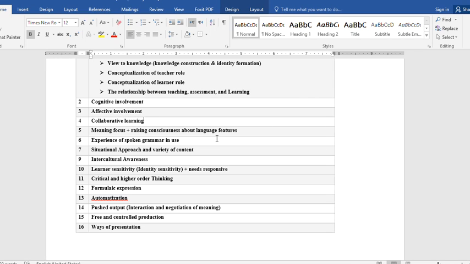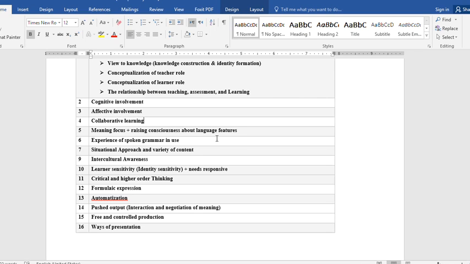It means that the primary focus should be meaning and communication, but we should not forget about raising students' consciousness about features of language or the forms of language. So while the primary focus is on meaning and communication, we should draw our students' attention to language features, because they need to learn language features.